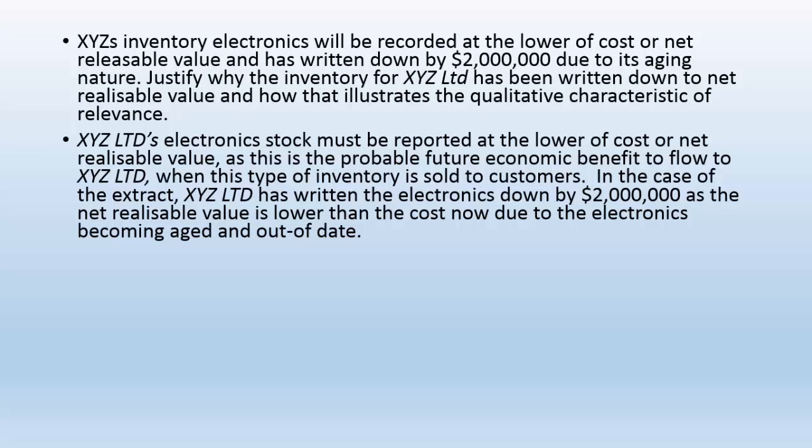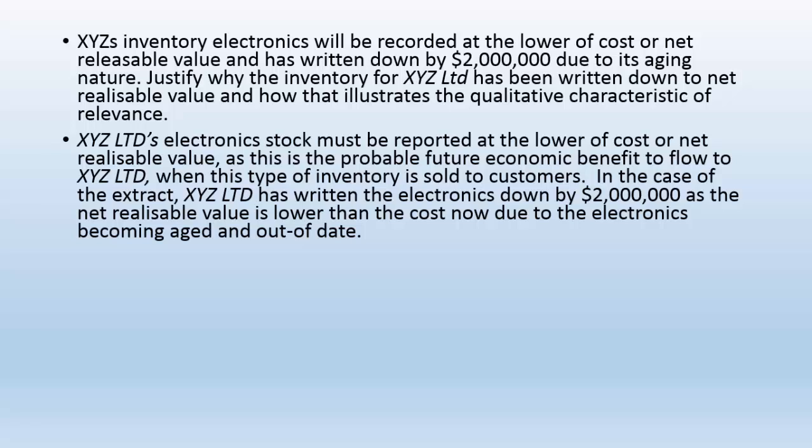This particular answer hasn't. XYZ Limited's electronic stock must be reported at the lower of cost or net realizable value, as this is the probable future economic benefit to flow to XYZ Limited when this type of inventory is sold to customers.